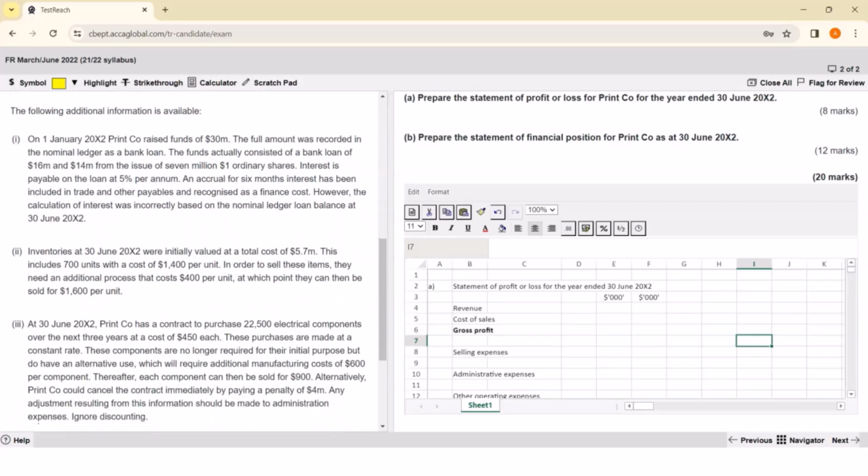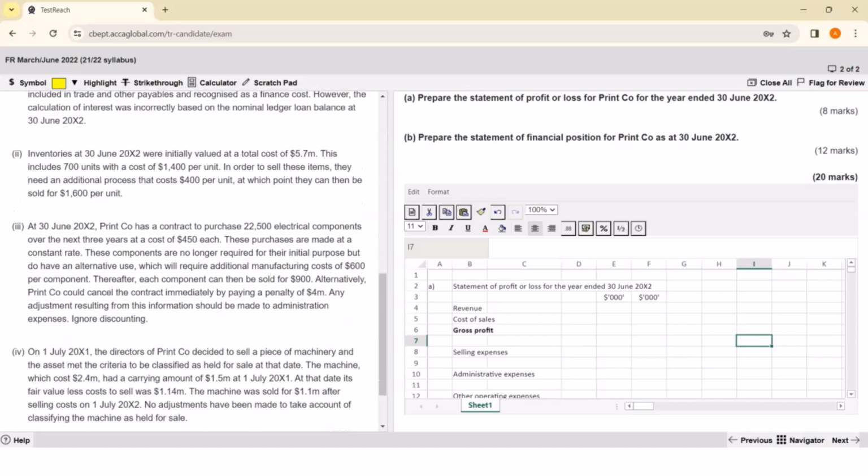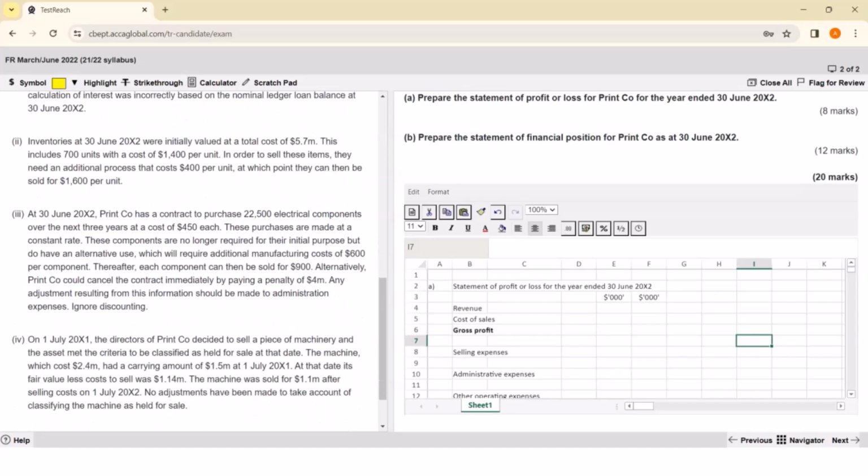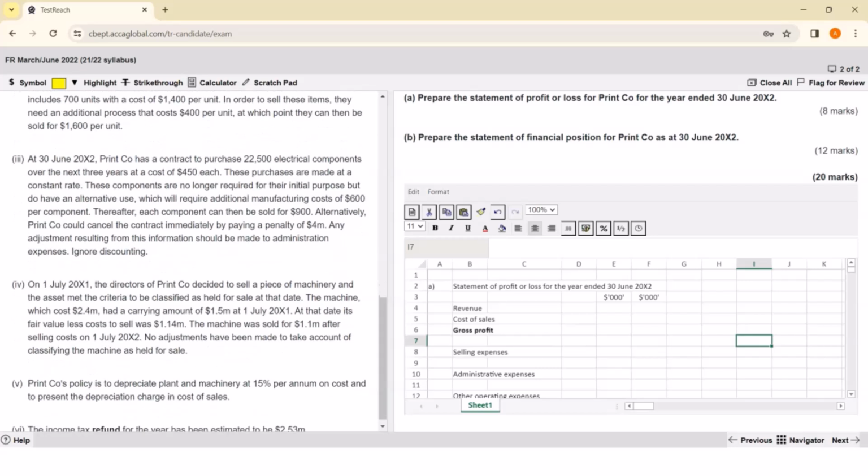Then I also quickly skim through that point number 1 is related to a bank loan and interest expense related to it. Point 2 is related to inventories at 30th June, so closing inventory. Point 3 is related to a contract which is related to the purchase of electrical components. So we are going to go through this later on to see what is the issue in it.